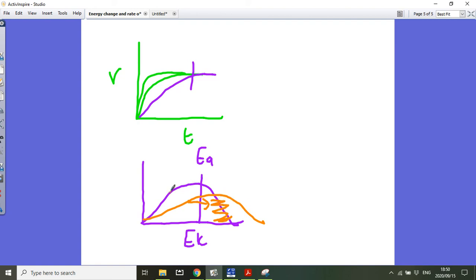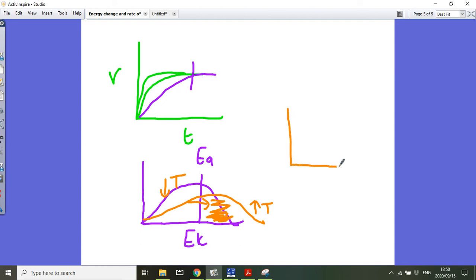So what you will see is that the total area under the graph must still be the same. So you will have a flatter bulge. So please don't think that a lower one means lower energy. A lower one with more particles after the activation energy will mean a higher rate. So this one will be the higher temperature and this one will be the lower temperature.